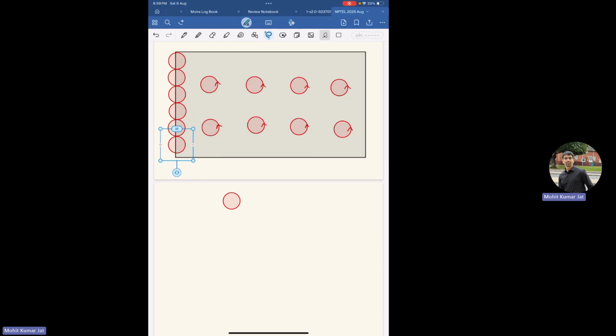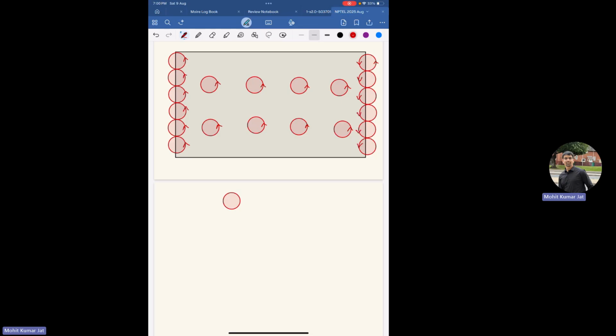Because half of your orbit will be inside and half of the orbit will be outside. But you know very well that carriers can't reside outside the sample boundary. So what will happen? They will bounce off, and what we call the skipping orbits. So I'll put it on the other edge also, and then I'll explain. If your carriers were going like this, here also they will go like this, and inside they will be like this.